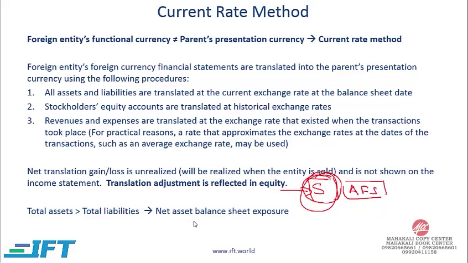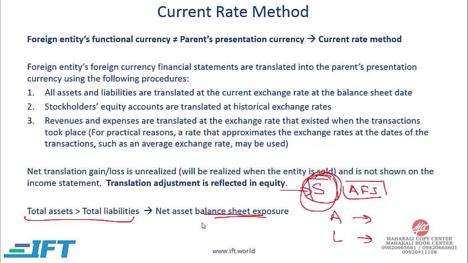The next point has to do with the balance sheet exposure. When we talk about balance sheet exposure, what we are talking about is the fact that assets are being translated, liabilities are being translated. So net, are we going to have assets being translated or liabilities? If the value of assets being translated is greater than the value of liabilities being translated as shown over here, then we have a net asset balance sheet exposure.